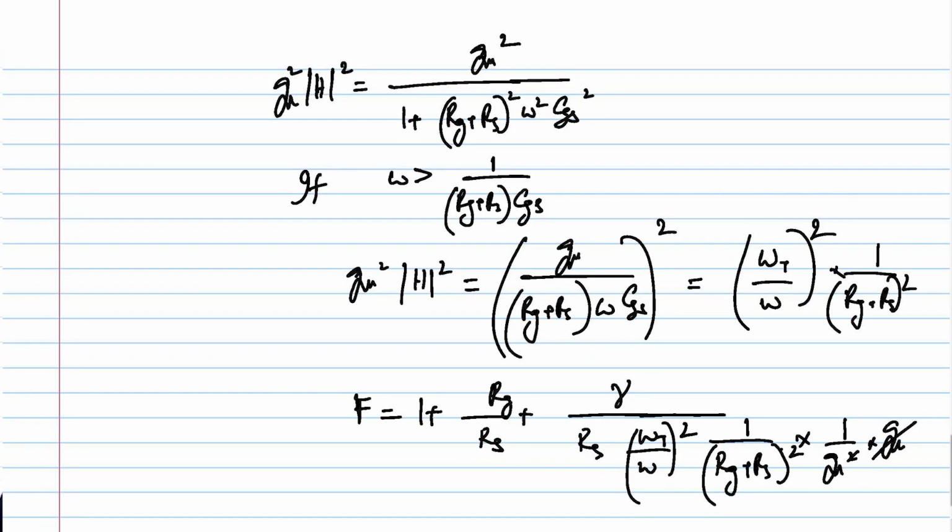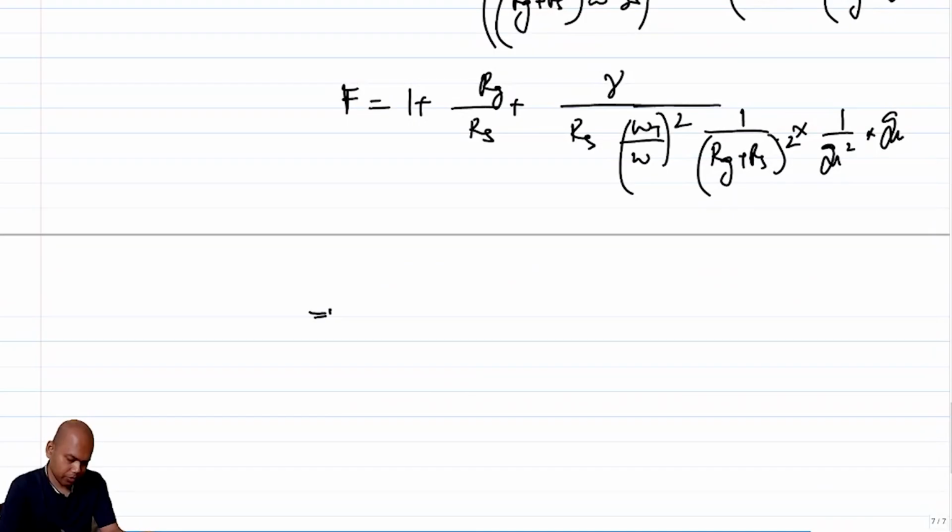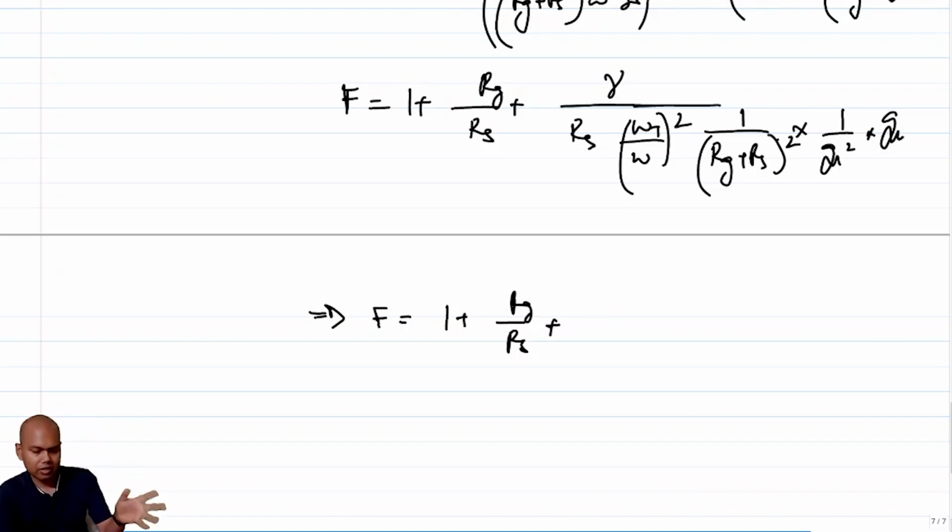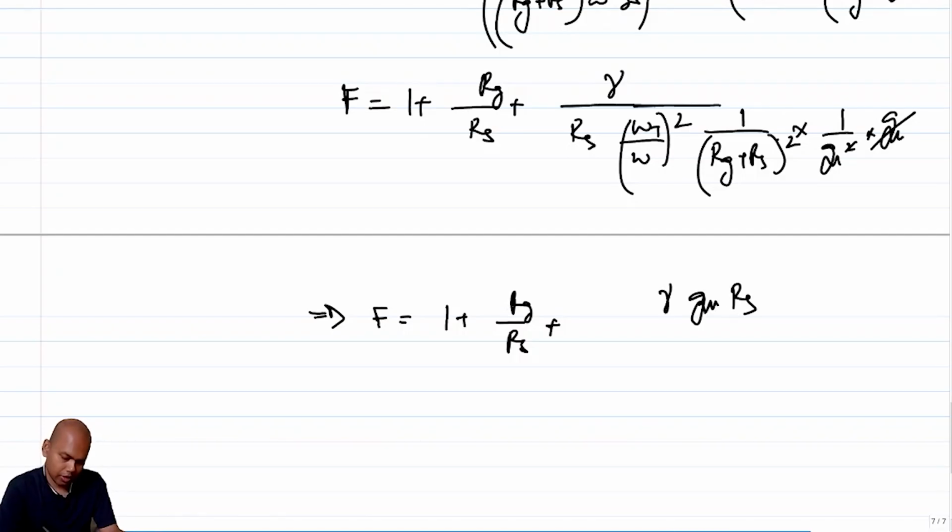Correct? Okay. Which means your F boils down to 1 plus Rg by Rs plus, if I assume now that Rs is much greater than Rg, then one of these Gm goes, and this becomes gamma Gm Rs times omega by omega t whole square.